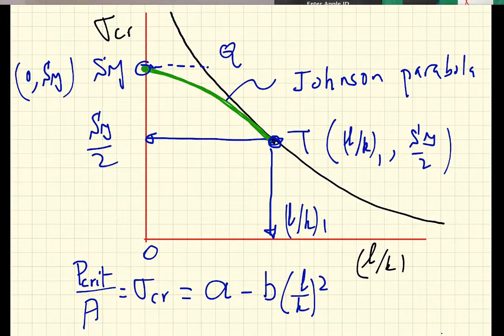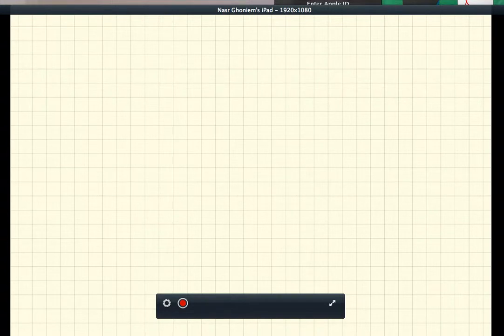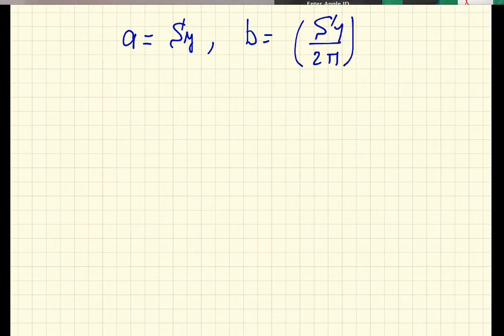In this case, the constants A and B are completely defined. In fact, A is equal to just S yield, and the constant B, when we work it out, we find it to be S yield over 2 pi, all squared, times 1 over C times E. These are the values of the two constants, and they are valid for the parabola.